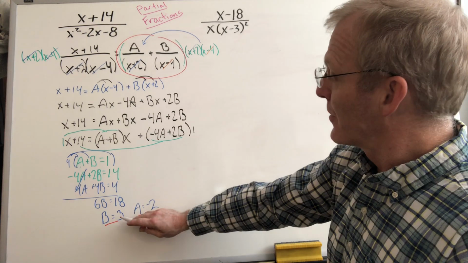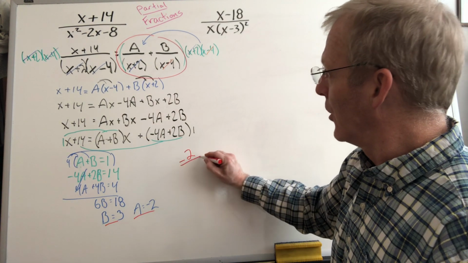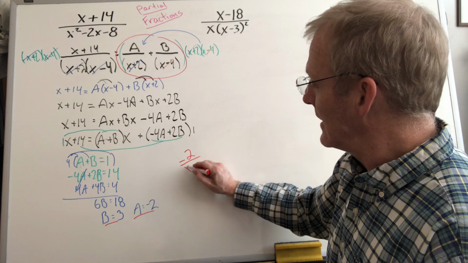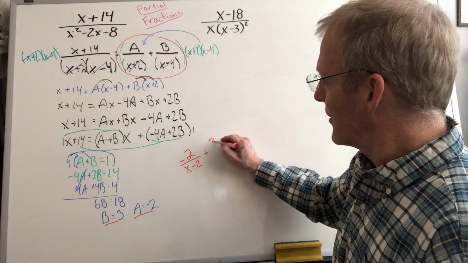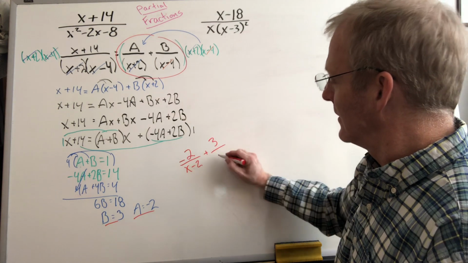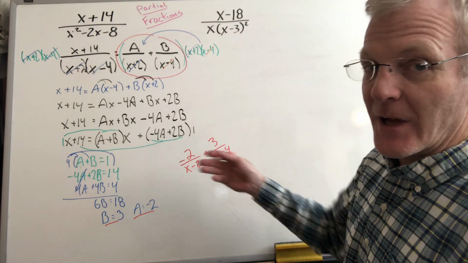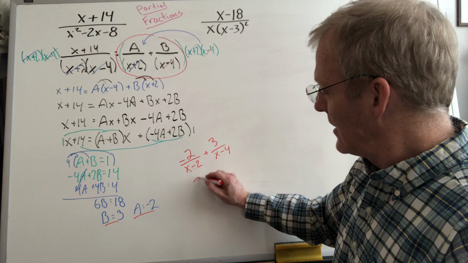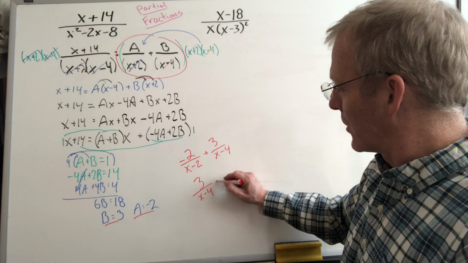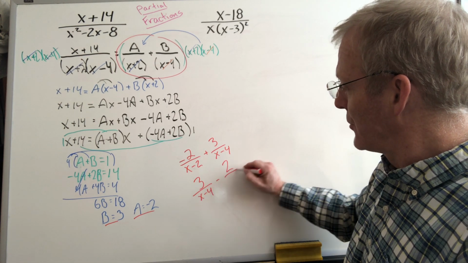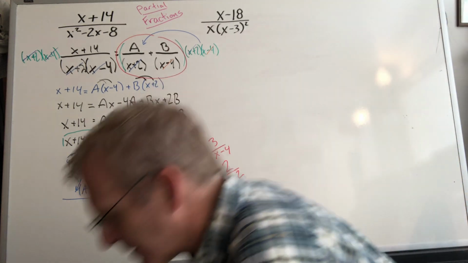We'll have -2 over x plus 2 plus 3 over x minus 4. Now, if I recall, we had it in the other order before. Let's see. Was it 3 over x minus 4 minus 2 over x minus 2? Let's take a look.